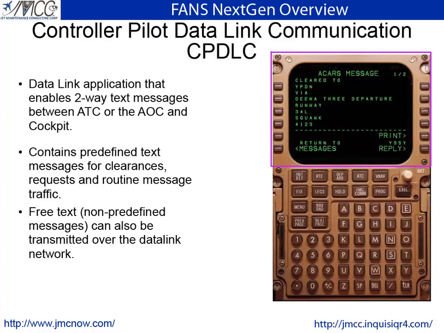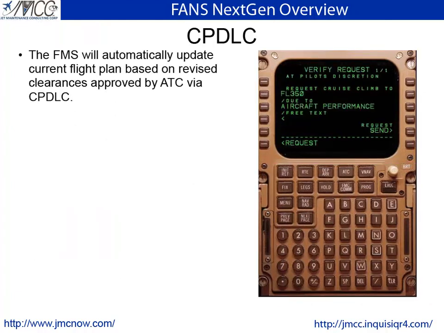Free text or non-predefined messages can also be transmitted over the data link network. The Flight Management Multifunction Control Display Unit shown here illustrates an air traffic control approved pre-departure clearance sent to the flight management system via CPDLC. The flight management system will update the current flight plan based on revised clearances received by air traffic control via CPDLC.